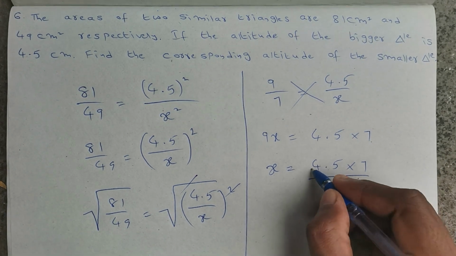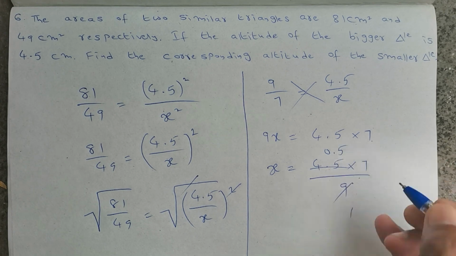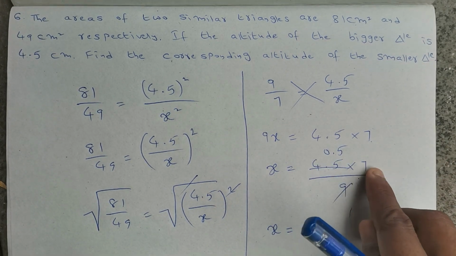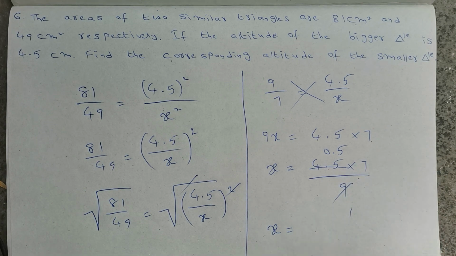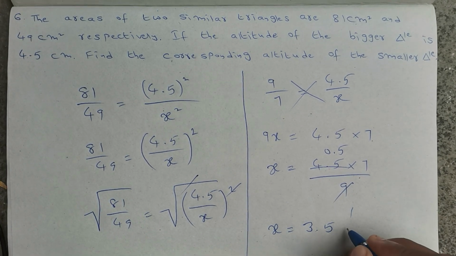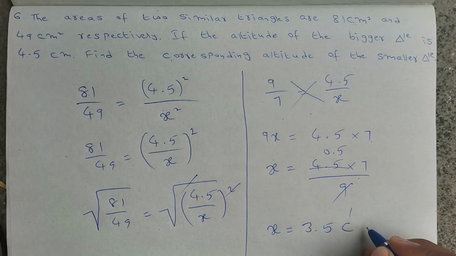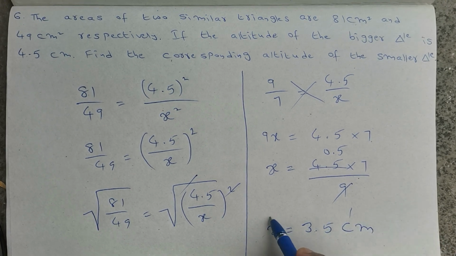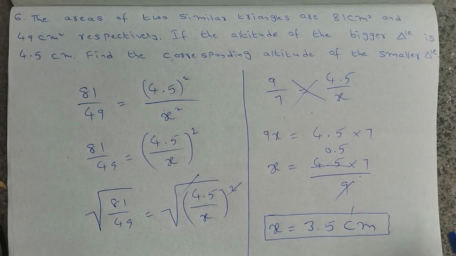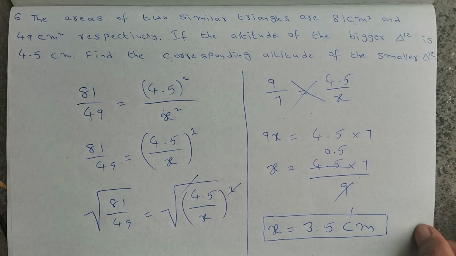Here 9 halves are 4.5, so x is equal to 0.5 into 7, this is 3.5, and all the measurements are in centimeters. So the corresponding altitude of the smaller triangle is 3.5 centimeter.